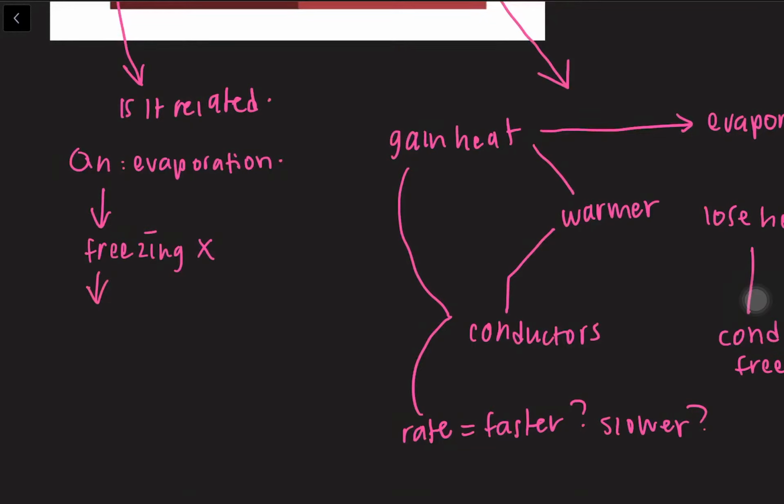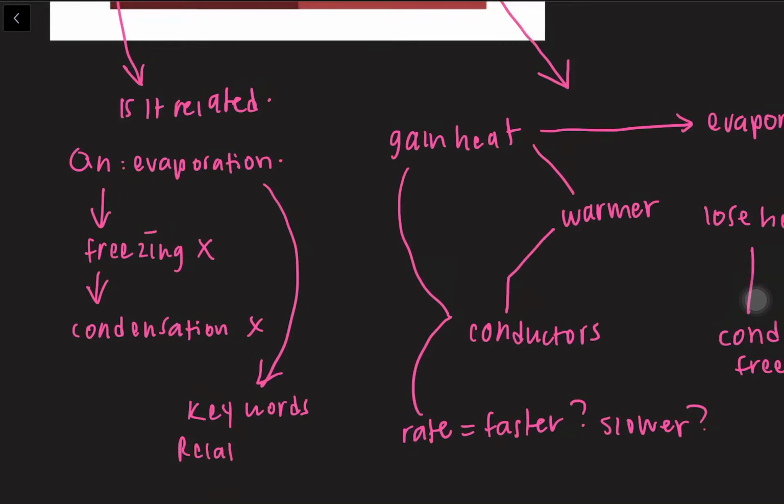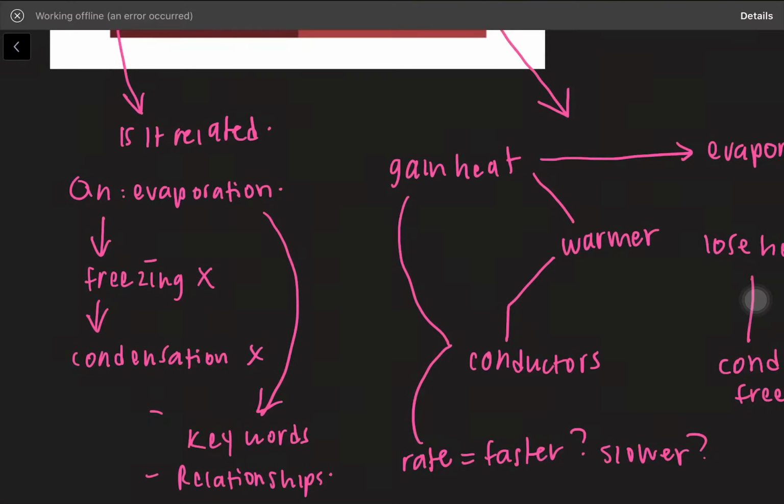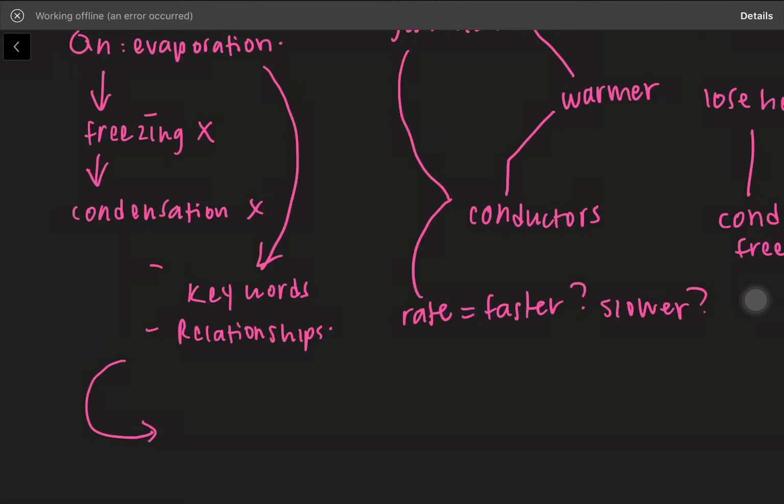Do we talk about condensation if the question is asking us about evaporation? No, we do not do that. So we only talk about the keywords and relationships related to evaporation. So this is your relevance.